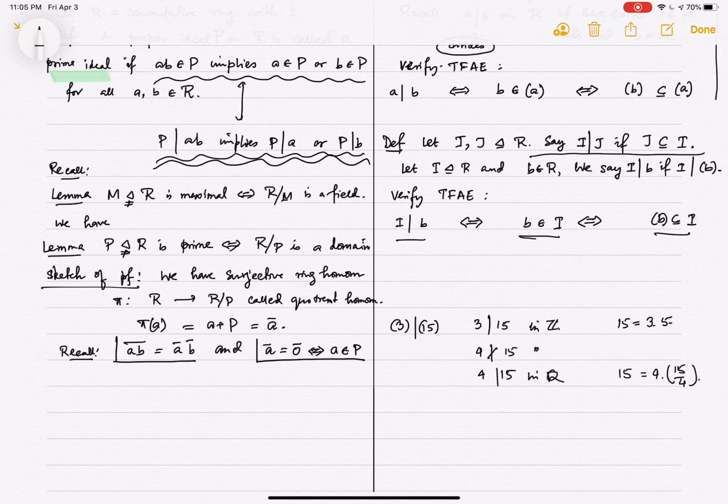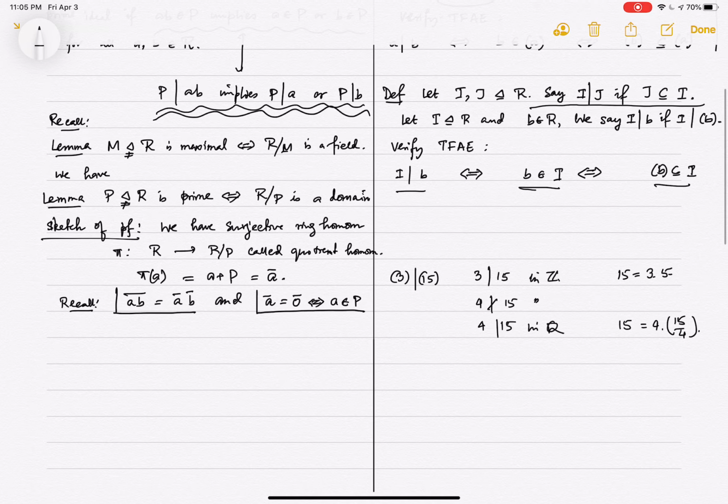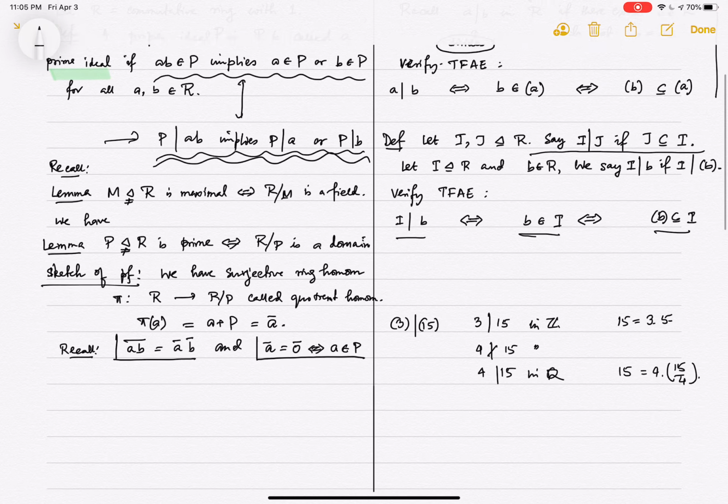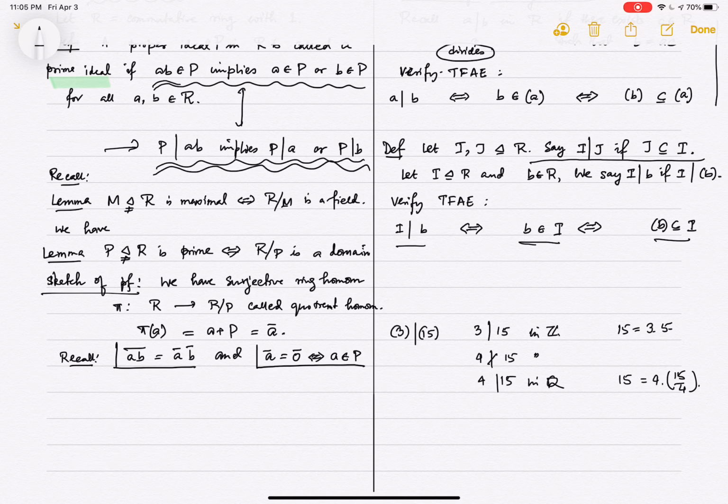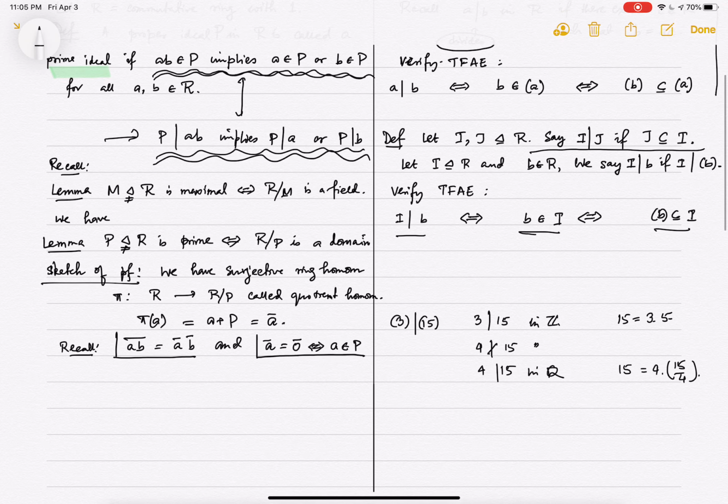statements. Now given this, let's translate the phrase up here. If AB in P, then A in P or B in P. How does that translate?